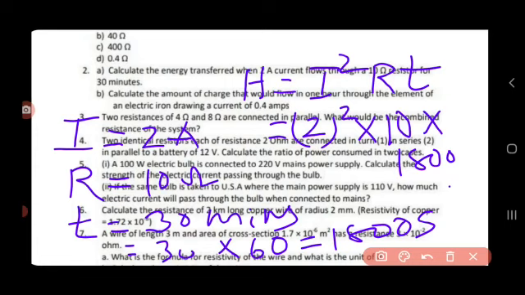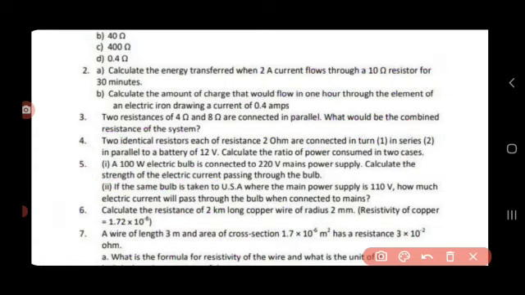So you see what informations are given over here. I is given, that is 0.4 ampere. Time is given 1 hour. You have to convert it into second. 1 hour means 3600 second.